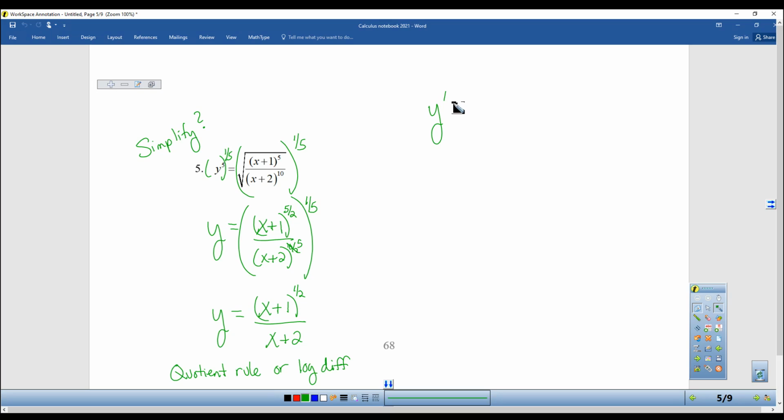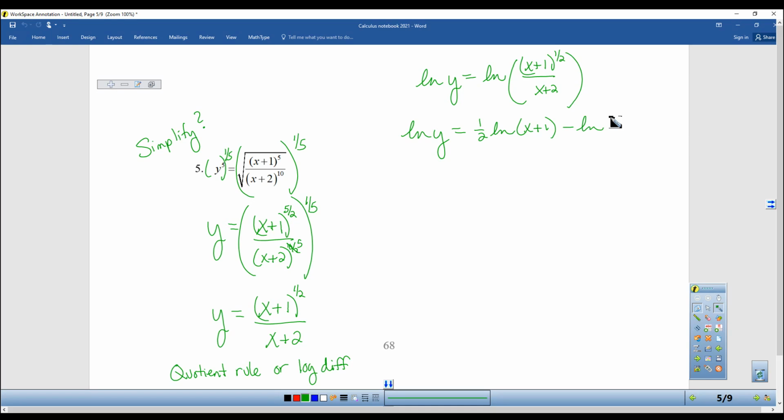So y prime is equal to, oh, not yet. We have to take the log of both sides. I was going to do it by both ways, but I'll do it the second way. So the natural log of y is equal to the natural log of (x plus 1) to the 1/2 over x plus 2, which means I can simplify that to 1/2 natural log of x plus 1 minus, because it's in the denominator, natural log of x plus 2.